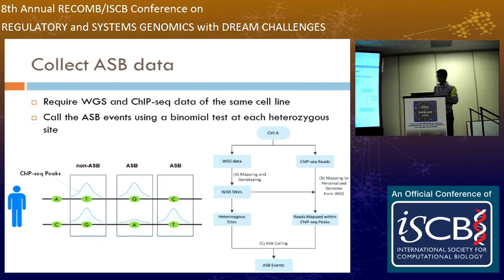Then we map the ChIP-seq reads to this personalized genome, extract the binding signal at each allele, and compare the binding difference. If there is a significant difference given by the binomial test, we call it an ASB event, otherwise non-ASB.